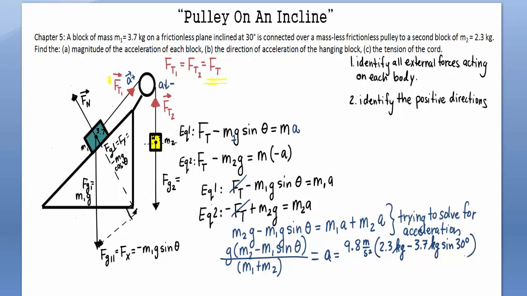Now, all that is divided by M1 plus M2. So M1 plus M2 is 3.7 plus 2.3, and that gives you 6 kilograms.